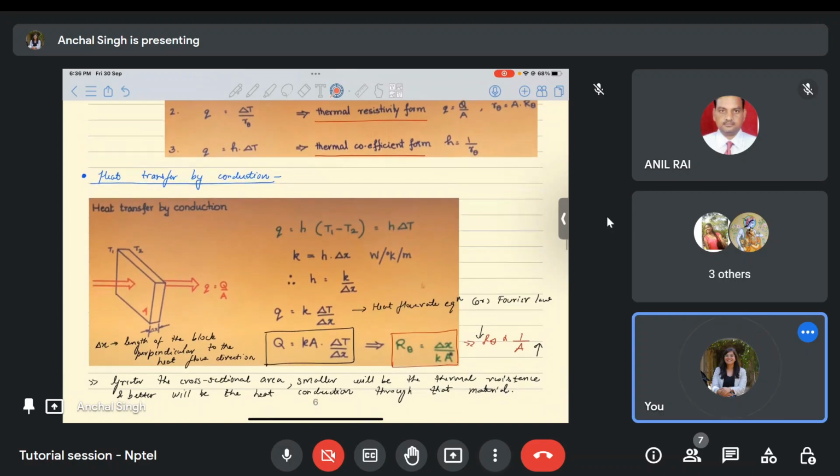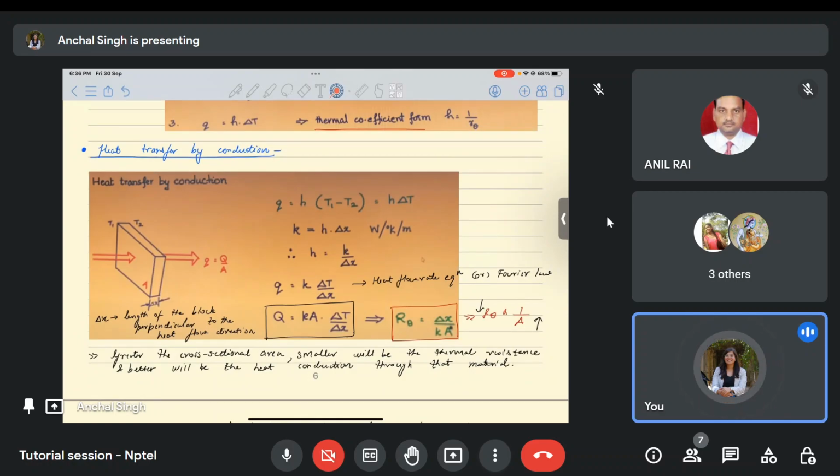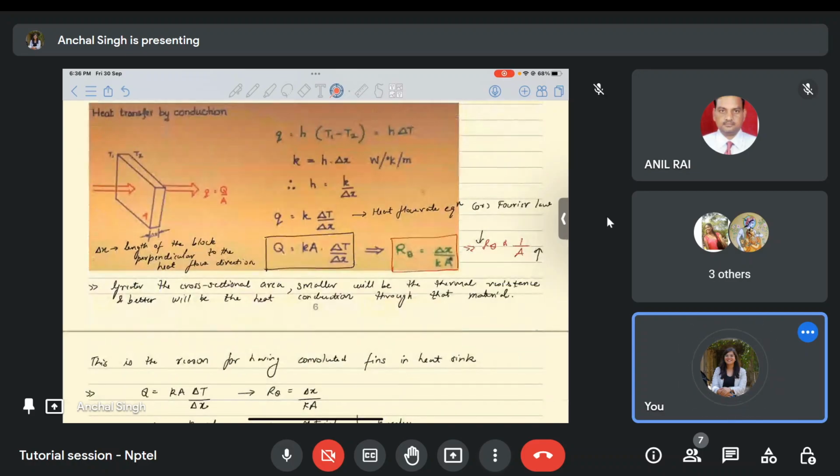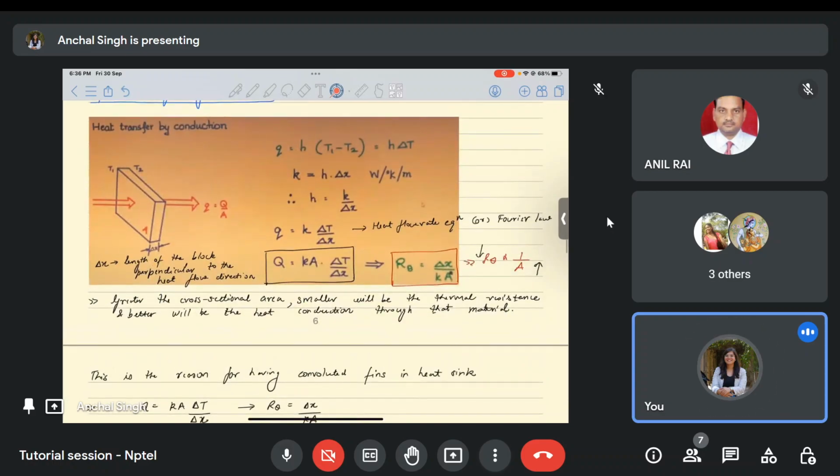If you use the thermal coefficient form, then Q equals H times delta theta. This is the thermal equivalent form that we had just seen before, where there is a constant K, which is given as H times delta X, so H is K by delta X. Using this in this equation, you can obtain Q equals K A delta T by delta X, and this equation is called the heat flow rate equation or Fourier law.